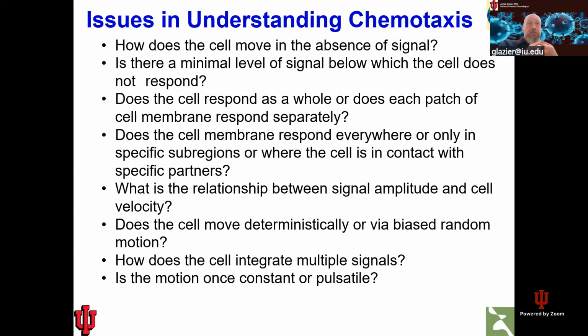And then what's the relationship between signal amplitude and cell velocity? As I say, in a lot of cases, the cell basically either moves or it doesn't. Once it starts crawling, it crawls with a more or less uniform speed. And then is the movement quasi-deterministic, or is it via biased random motion?